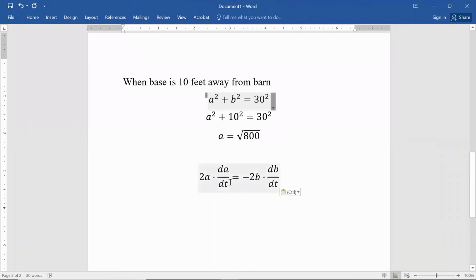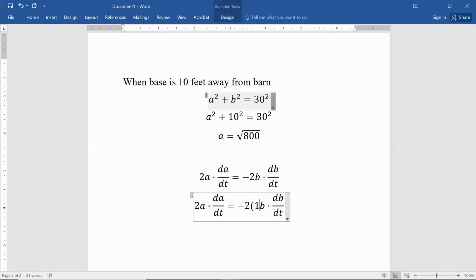The base is 10 feet away from the barn. So we're going to keep the formula, put in a base of 10. We're moving away at a rate of 1 foot per second. The A here we just saw was the square root of 800.